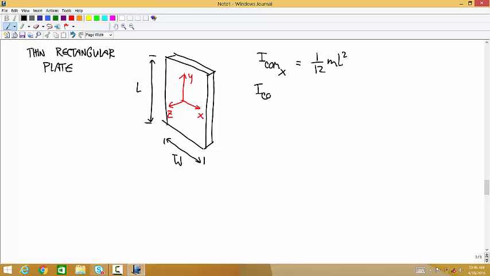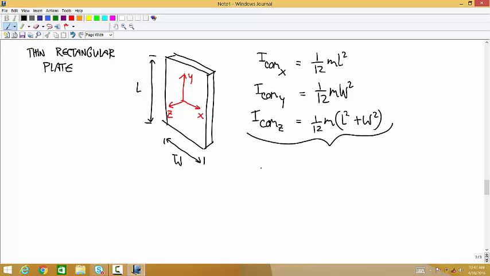The mass moment of inertia rotated about y is 1/12 mw squared. And the mass moment of inertia rotated about z is 1/12 mass times the quantity L squared plus W squared.